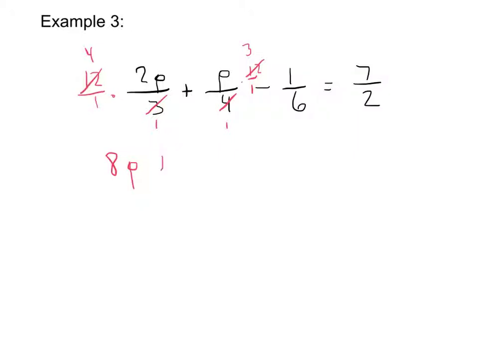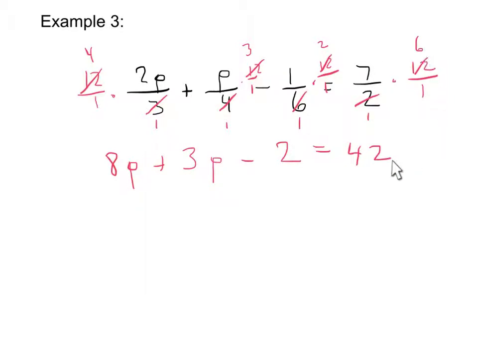So plus 3p. And this is times 12 over 1. 1/6 times 12 becomes 2. Minus 2 equals 12 over 1. Cancel. Cancel. And this becomes 42. 7 times 6 is 42.